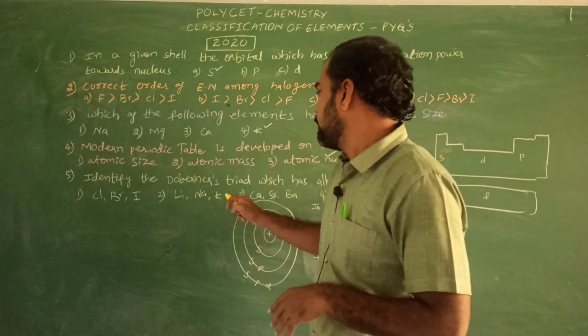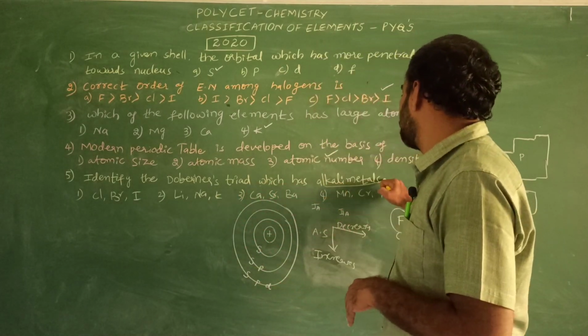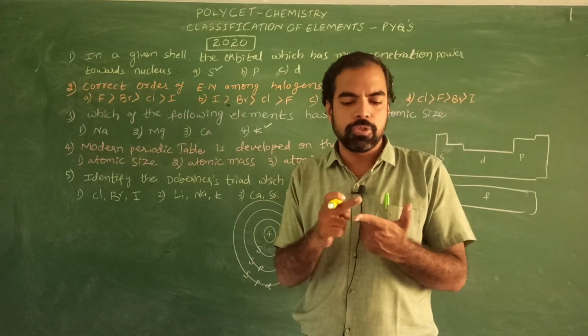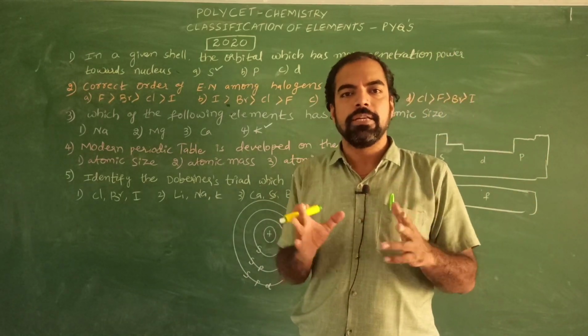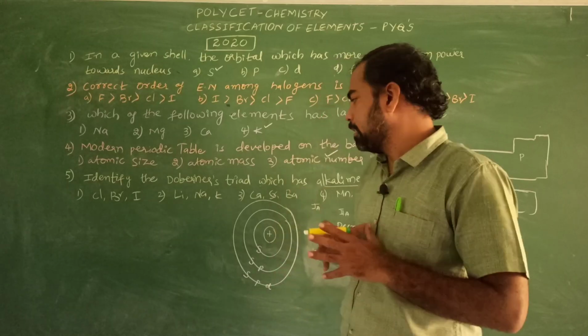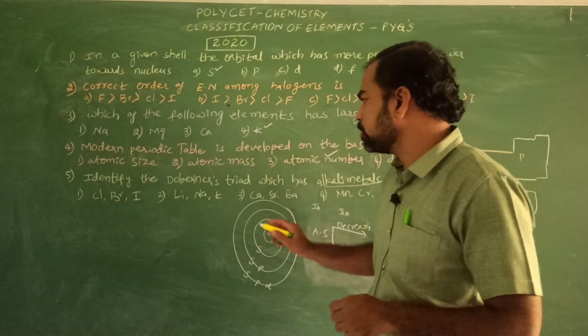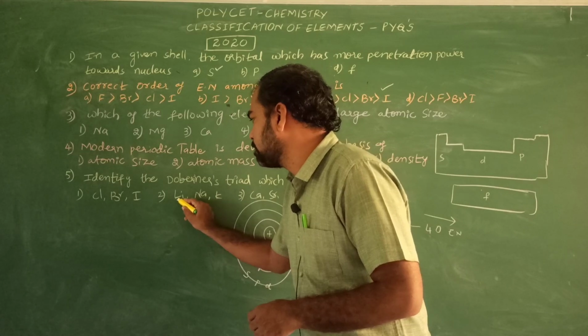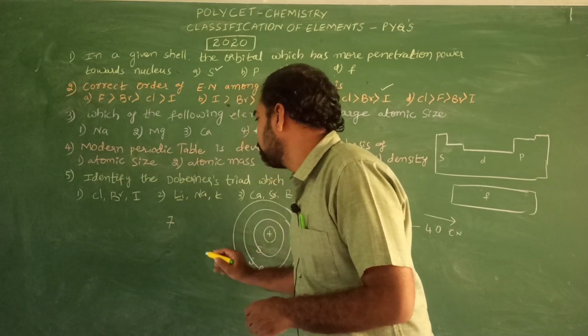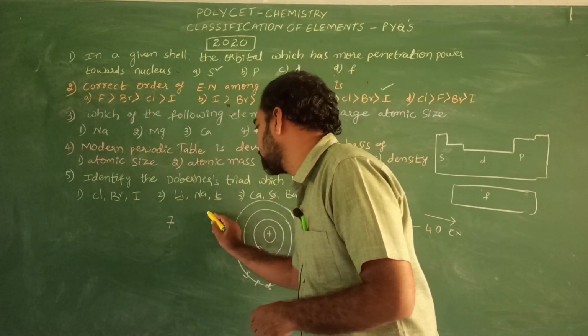Okay students, here the Dobereiner triad which has alkali metal. We know the alkali metals: lithium, sodium, potassium, rubidium, cesium. First group elements are called alkali metals. So just observe, what is the mass number of lithium? 7. What is the mass number of potassium? 39.